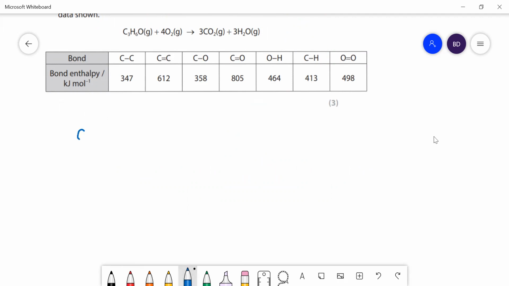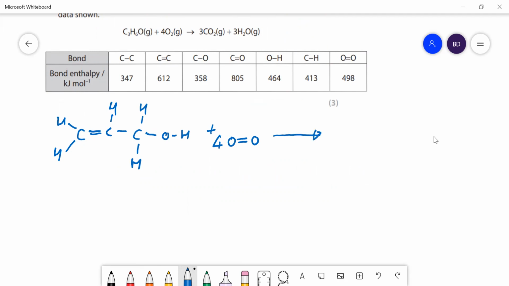So here's the prop-2-en-1-ol, and we have 4 oxygens, double bonds between the oxygens, and that's going to form 3 carbon dioxides and 3 waters.